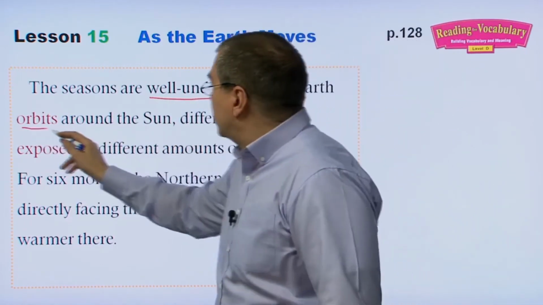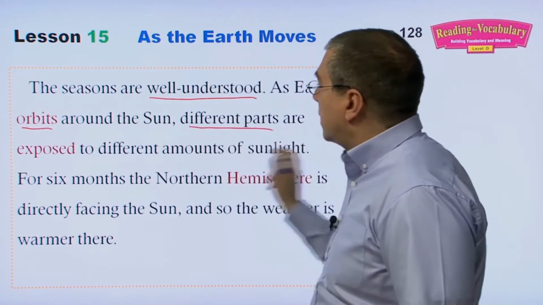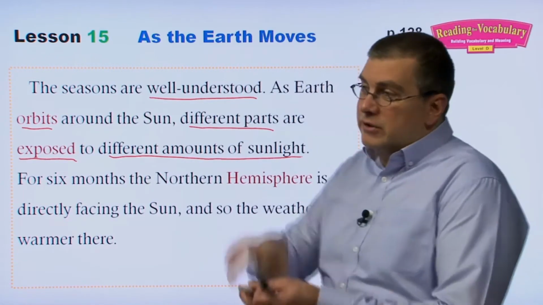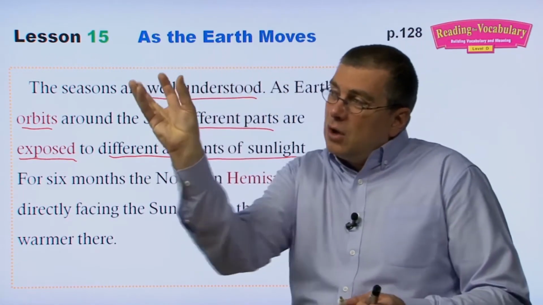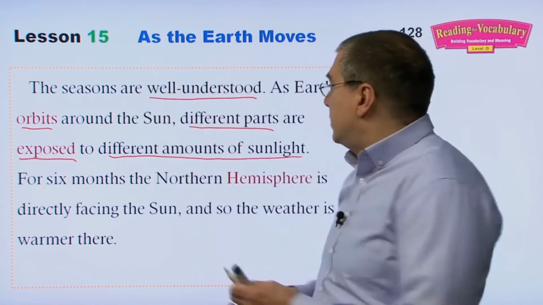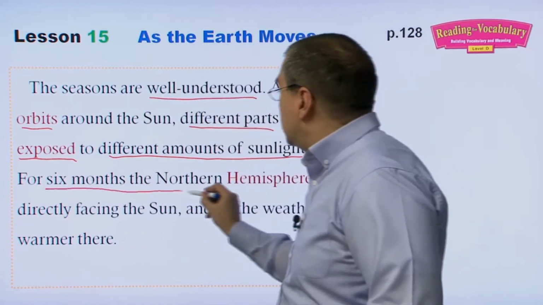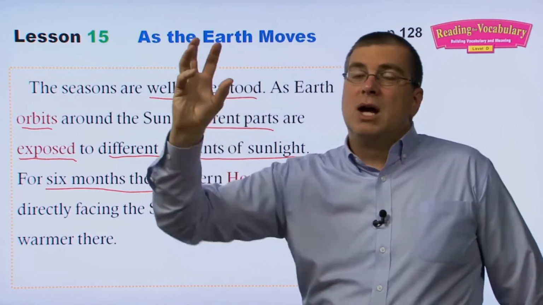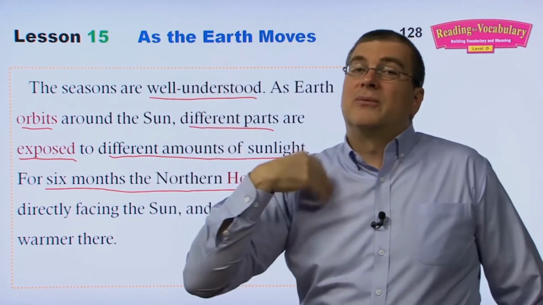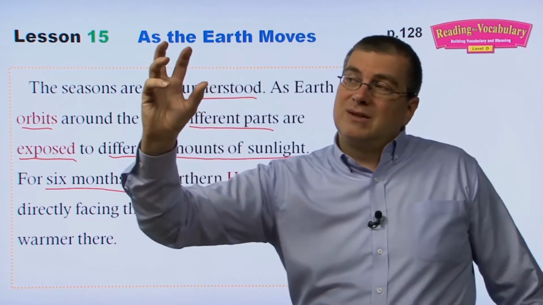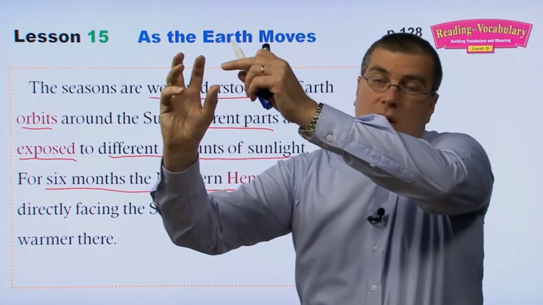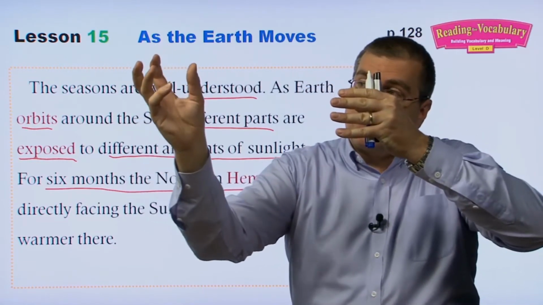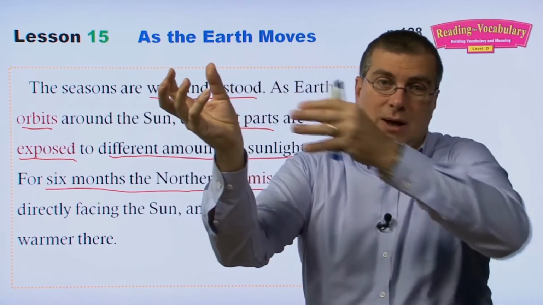As Earth orbits around the sun, different parts are exposed to different amounts of sunlight. So as the Earth is moving, it's also moving this way. And what they're saying is, for 6 months, the northern hemisphere is tilted like this, so the northern part is directly facing the sun, and then it slowly turns, so then the southern part is directly facing the sun.